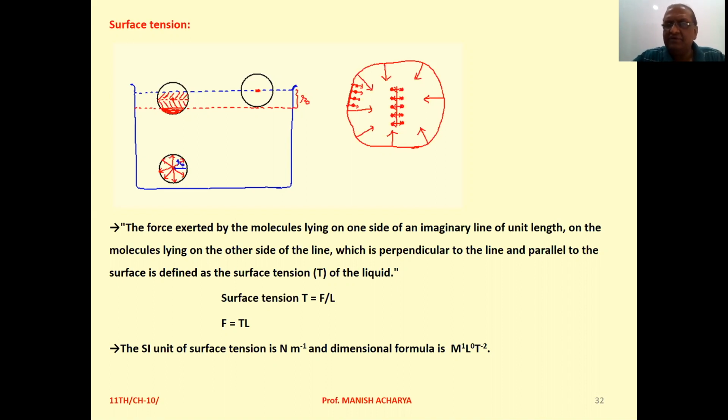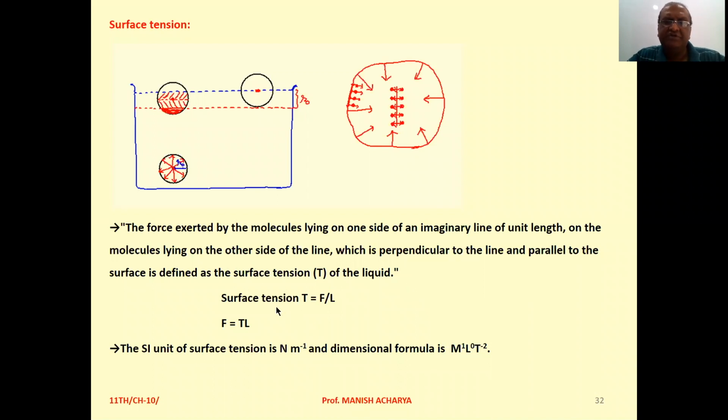Now the definition of surface tension is given like this: the force exerted by the molecules lying on one side of an imaginary line of unit length on the molecules lying on the other side of the line, which is perpendicular to the line and parallel to the surface, is defined as the surface tension of the liquid.